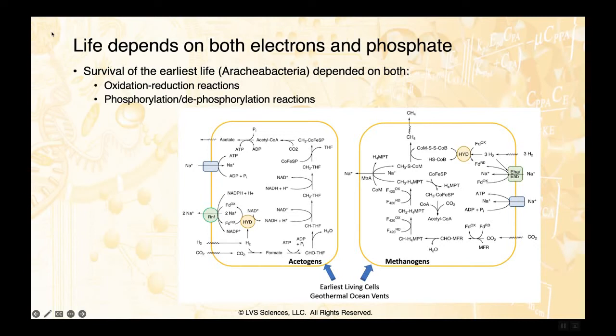All right, so let's look at the oldest living things, or at least what we believe is related to the oldest living organisms. And here we believe life started at the ocean vents, the deep sea ocean vents. These were geothermal vents. They produced CO2, hydrogen, simple inorganic kinds of molecules, H2S.